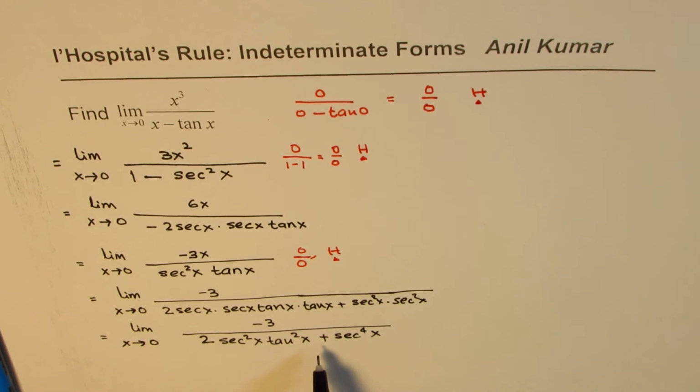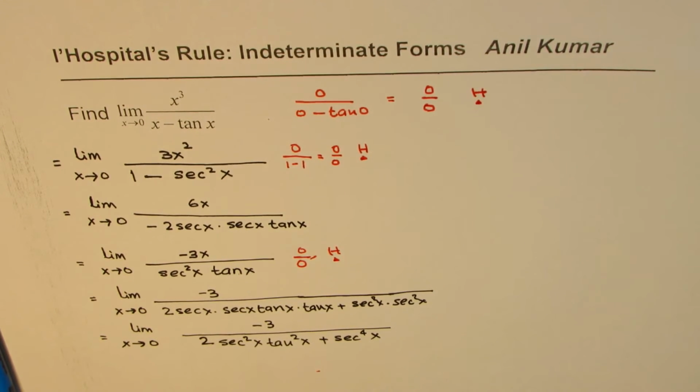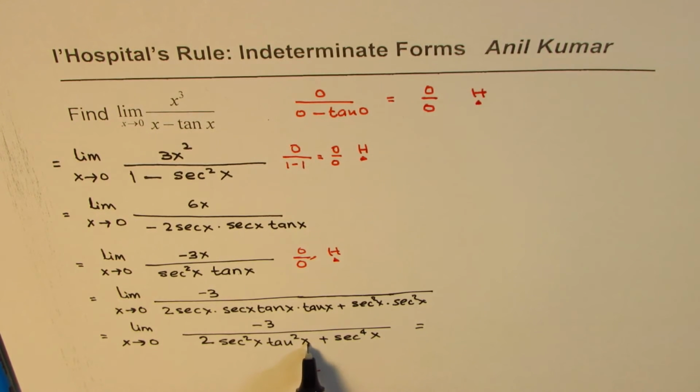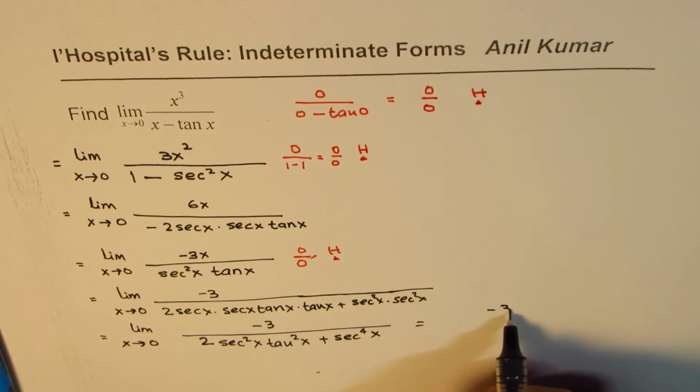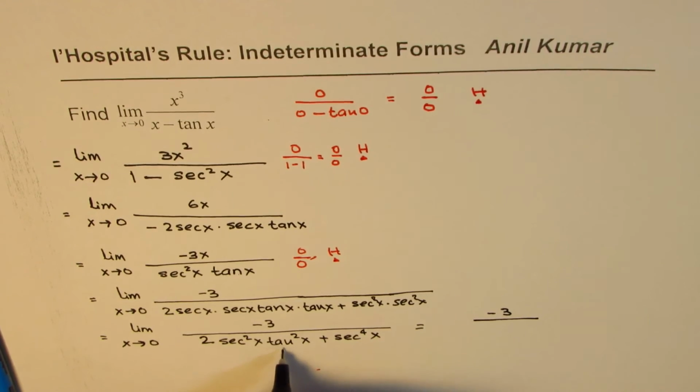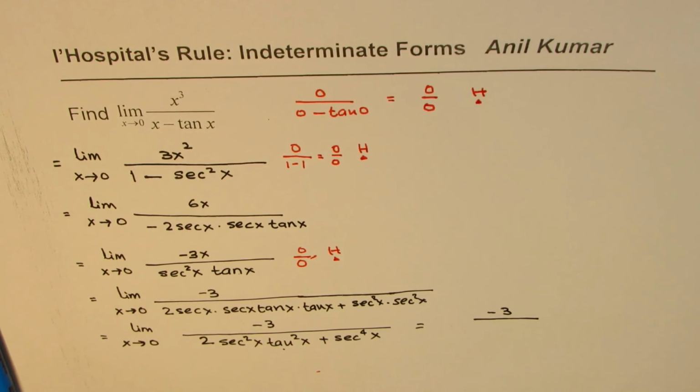Now at this stage, if I substitute 0, what do I get? That is what we have to see. I know secant 0 is 1, but tan 0 is 0, right? So let me rewrite here.